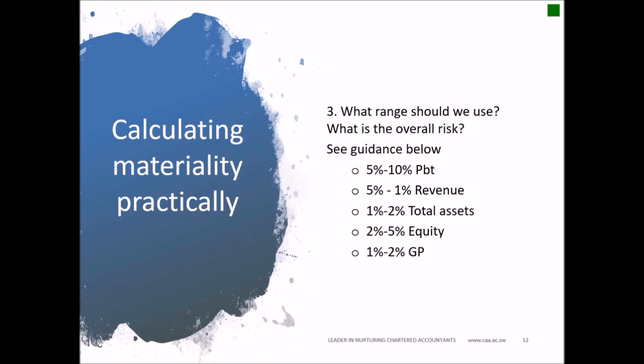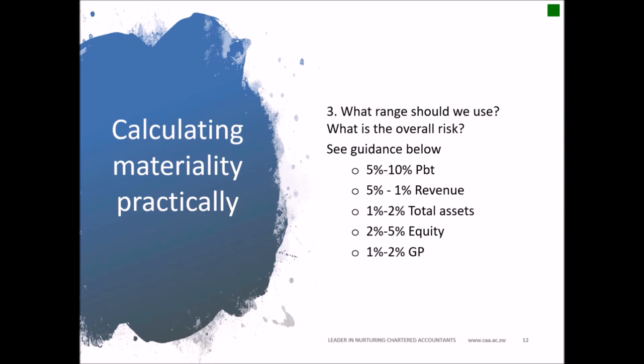But initially, you say the risk of this entity is high. Therefore, I'm going to take revenue, but I'm going to take the lower range of revenue. My materiality is going to be based on 0.5% of their 1 million revenue because the risk within this entity is high.